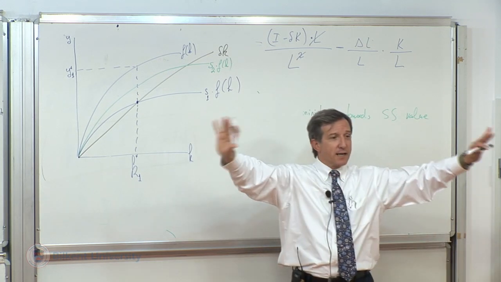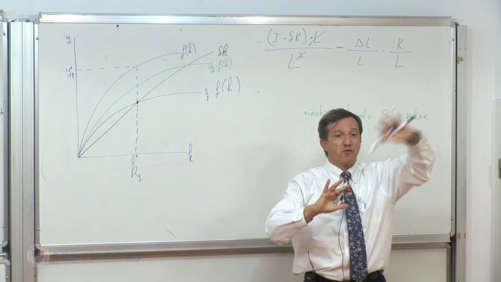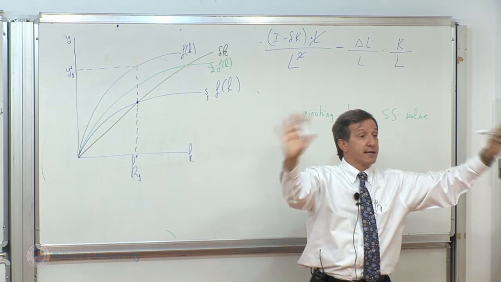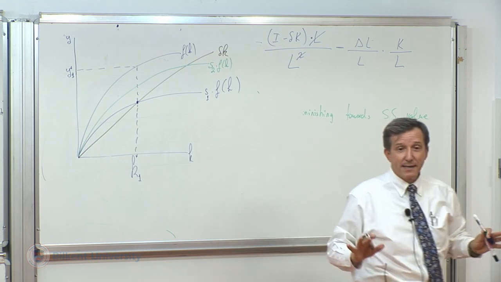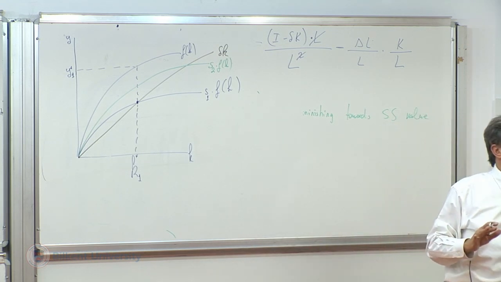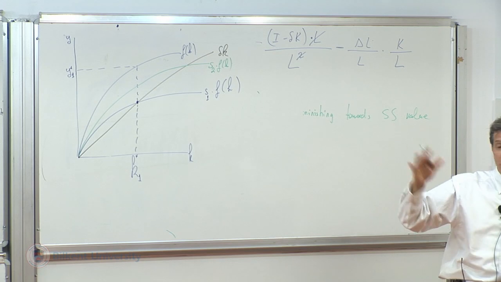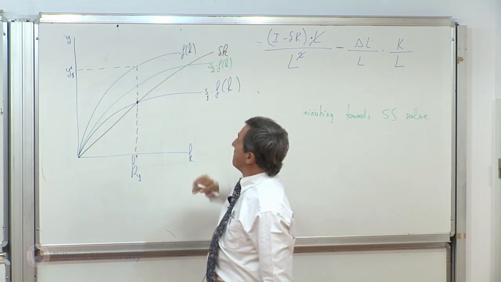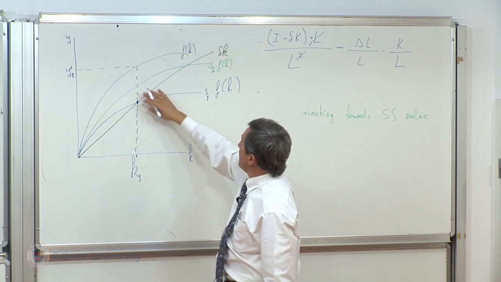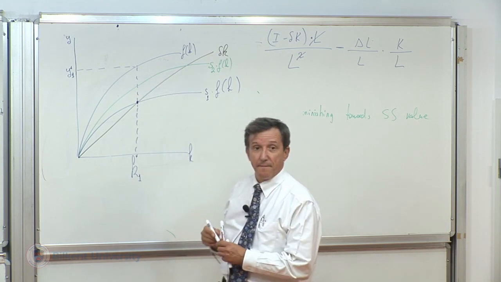Everything else is constant: depreciation, the shape of the production function. There is no technical change, no population growth. All of a sudden, I increase my saving rate from S1 to S2. The production function stays as it is, but I now have higher savings.